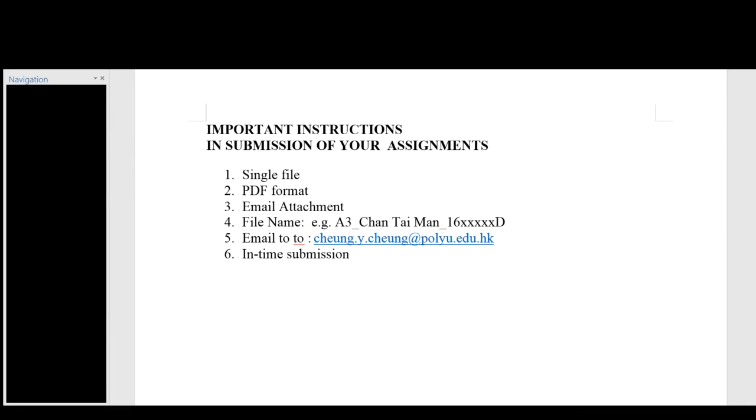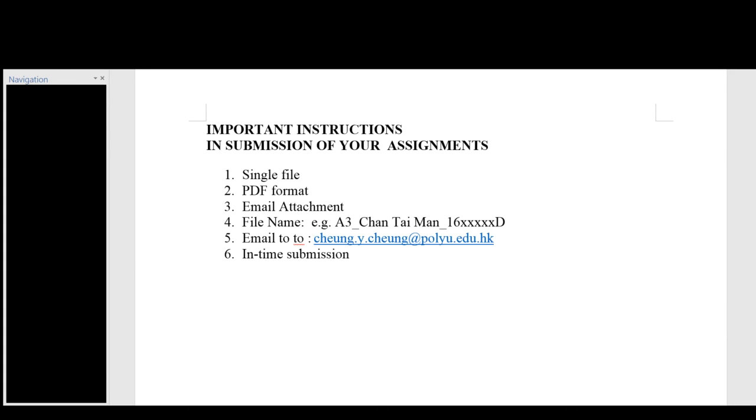I'm completely lost, I cannot hold on to your assignment. Please just write a normal email with an attachment, right? The attachment is a single file in PDF format, not in Excel form or any others, right?